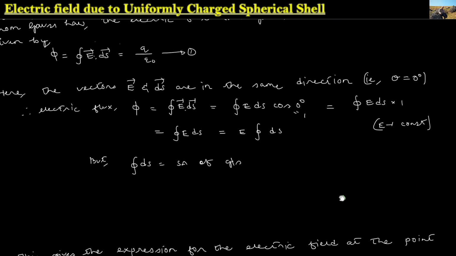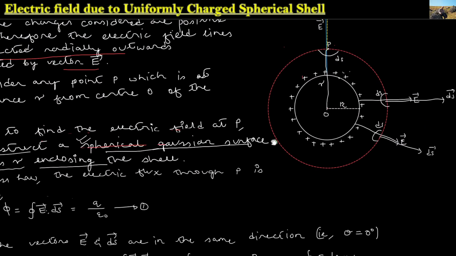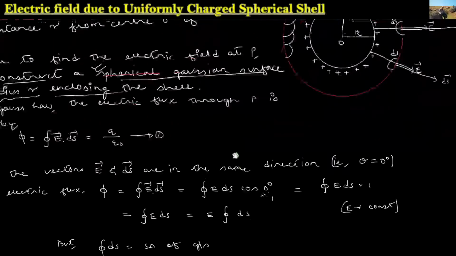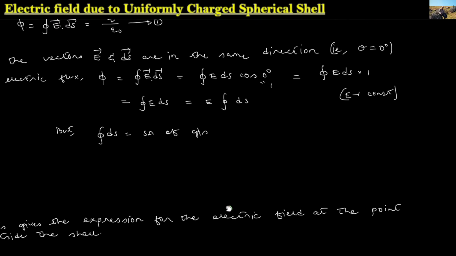If you look on this Gaussian surface, if I consider all these small elements and sum over all these small elements, it will be equal to the surface area of that Gaussian spherical shell, which is of the shape of a sphere. So this will be equal to 4 pi r square.